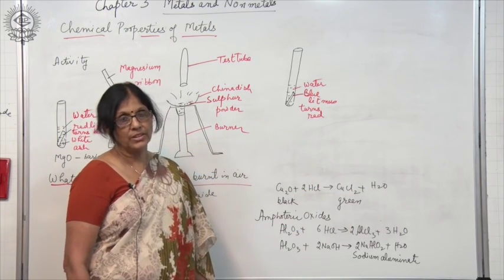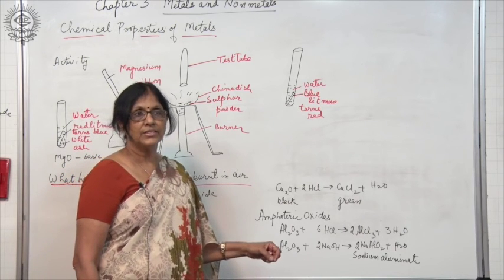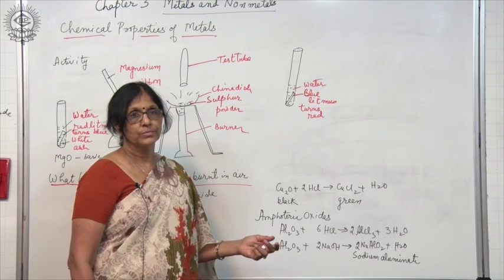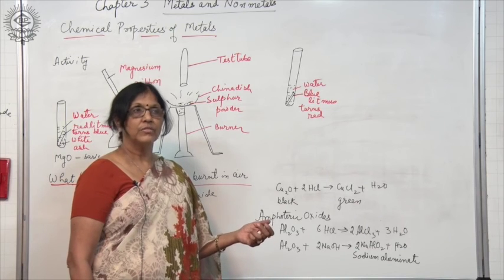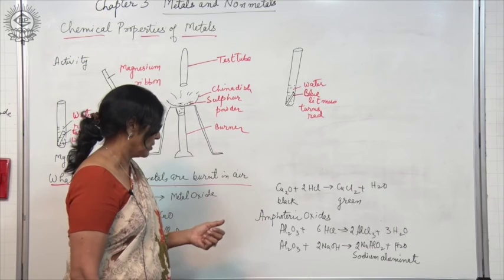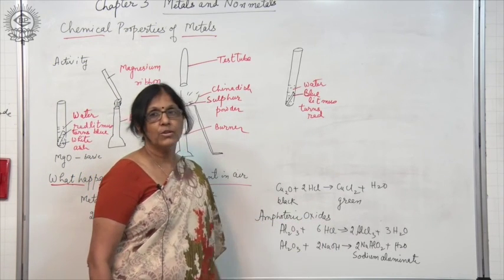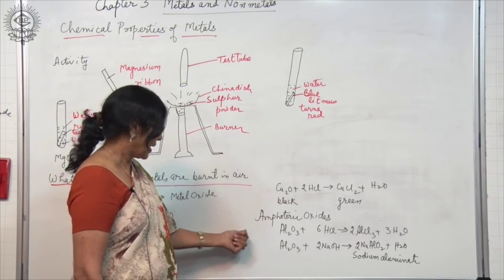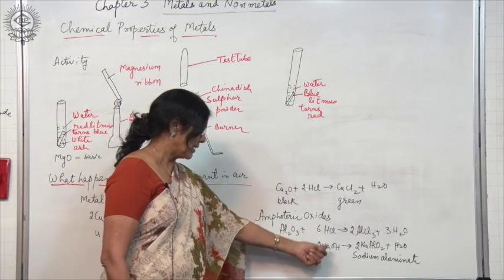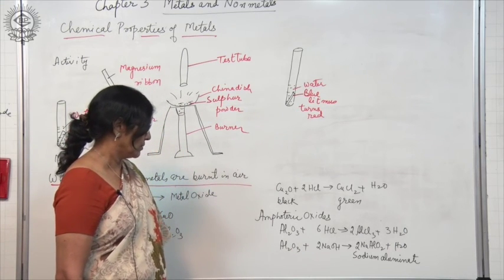Now, there are certain oxides which on dissolving in water behave as acids also and bases also. So, some of these oxides react with acids as well as bases and form salt and water. Such oxides are called amphoteric oxides. These oxides not only react with the acids, they also react with the bases and form salt and water.